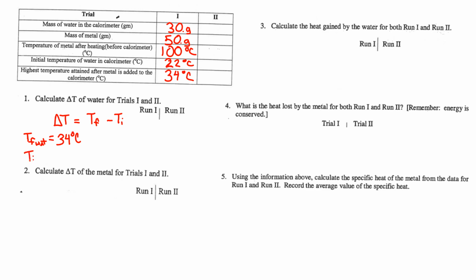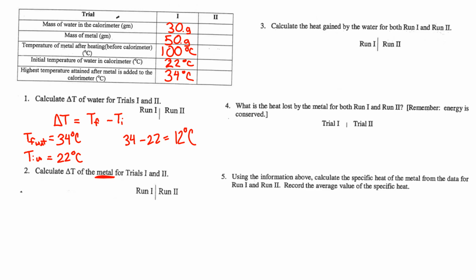My TI for the water was 22 degrees Celsius. All right, so 34 minus 22 gives me a delta T of 12 degrees Celsius.